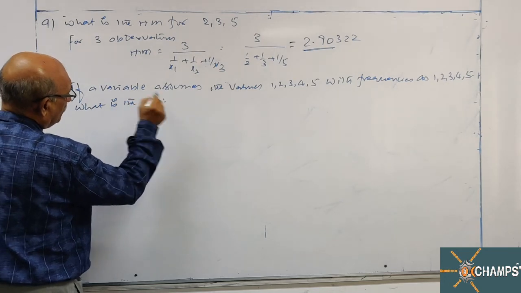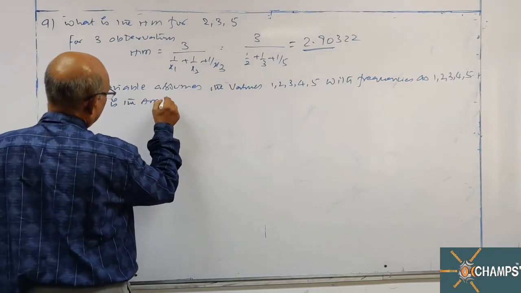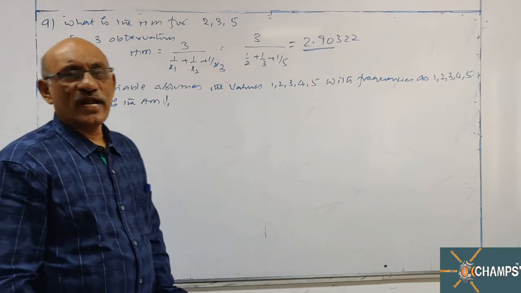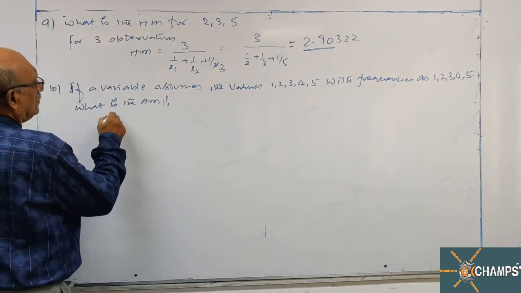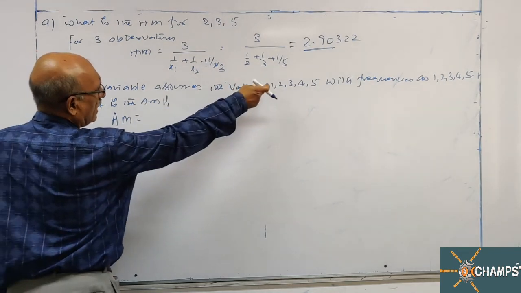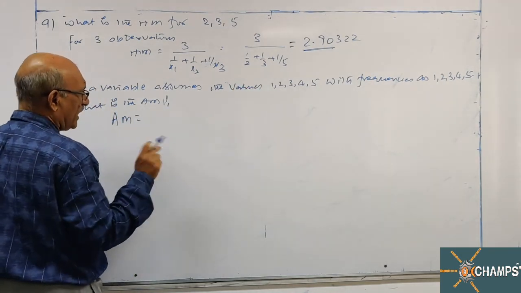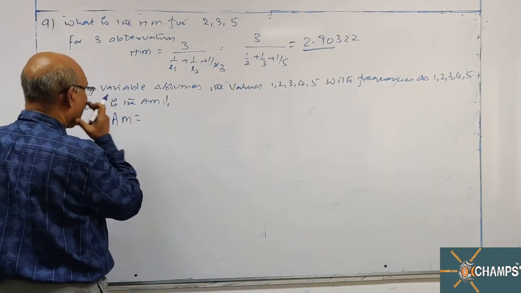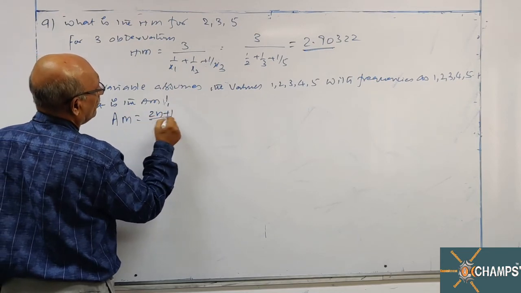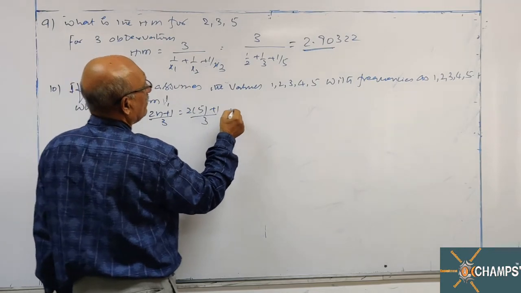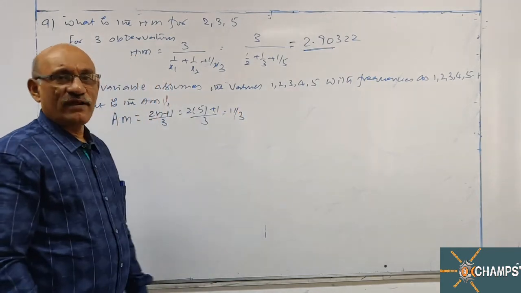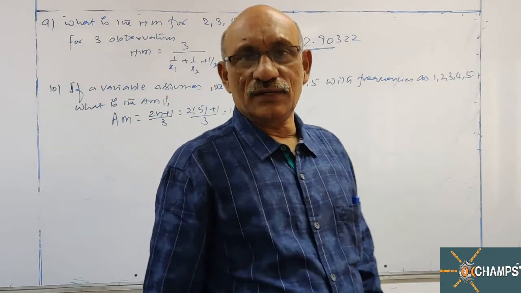We have a straightforward result. When the frequencies and the values the variable is assuming are the same, arithmetic mean is equal to (2n plus 1) by 3. 2 into 5 plus 1 by 3, this is 11 by 3. Straightforward, you can write using the result.